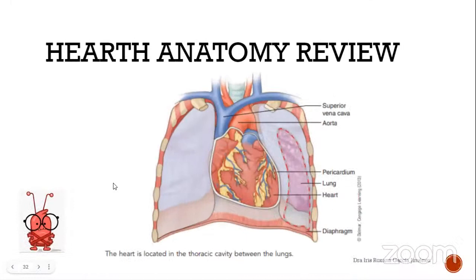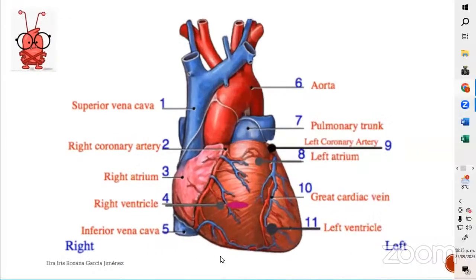Now we have our first anatomical review with the red guy, of course. Let's take it into account. Now we have another anatomical review, just the heart. Very important in my opinion, and we got the chance to check this.